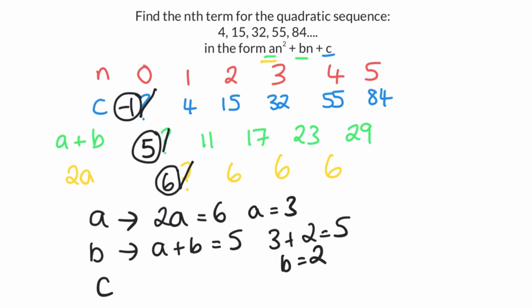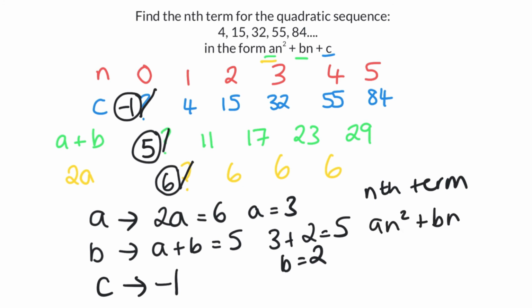And then our c value is the first one in that row, so that's -1. So we can say that the nth term is an squared plus bn plus c. So we've got 3n squared plus 2n minus 1 is the equation for the nth term of this sequence.